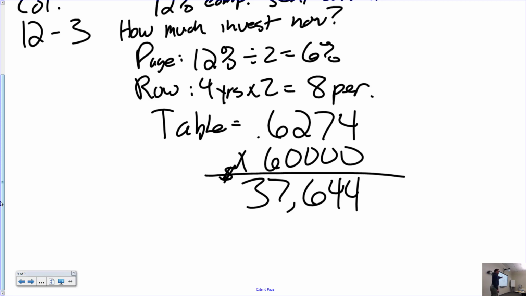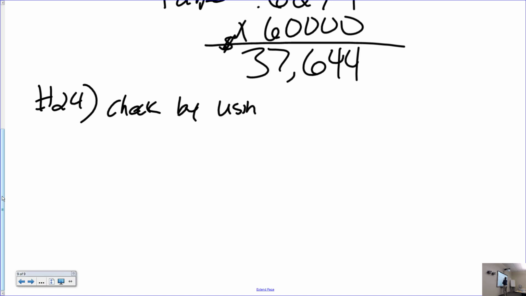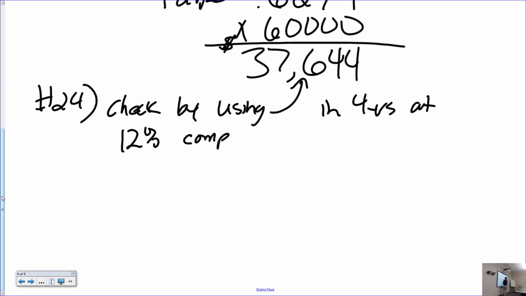And again, what does this number mean? It's what you deposit today so that you will have 60,000. Now, how do we check that answer? Go forward, exactly. So number 24 is check by using this much money in 4 years at 12% compounded semi-annually.